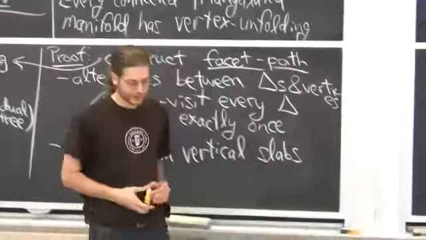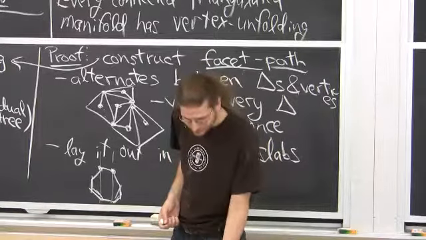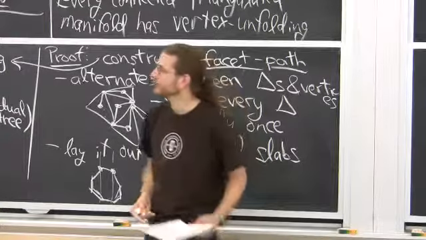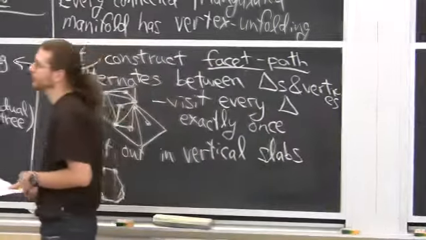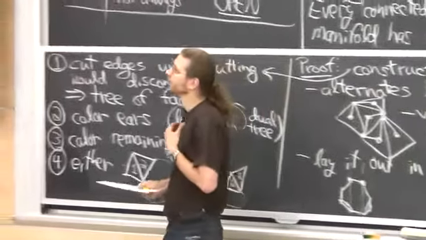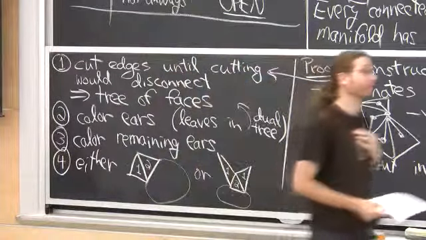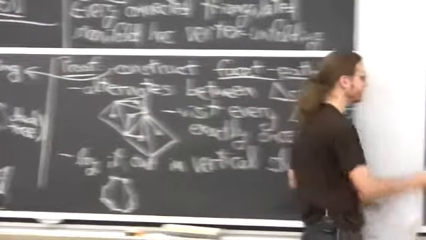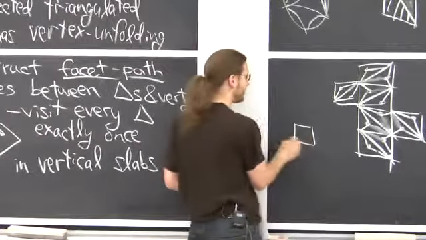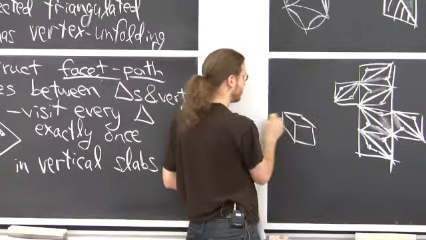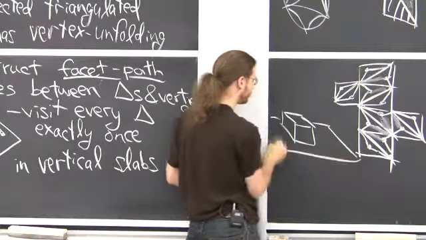So some pretty fascinating questions. It's even open for non-convex. If I take non-convex polyhedra and I want a vertex unfolding, let's say all the faces are convex. At the very least, you need to forbid faces having holes. If you remember this example.